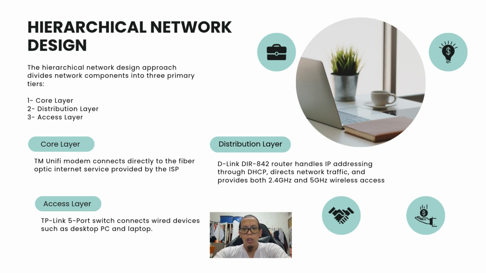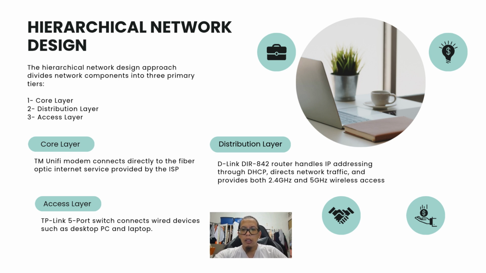Now we move to the next topic, hierarchical network design. In this part, there are three key areas that we need to cover. First is the core layer, second is the distribution layer, and lastly the access layer. For the core layer, the TM Unifi connects directly to the fiber optic internet service provided by the ISP.